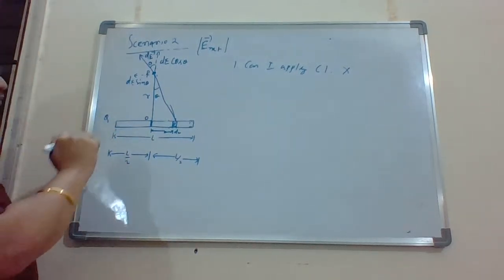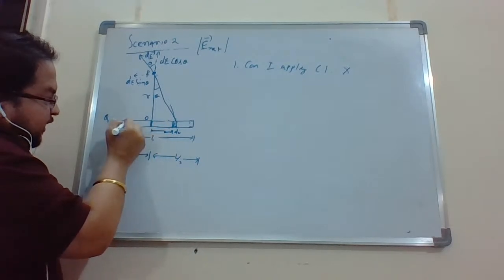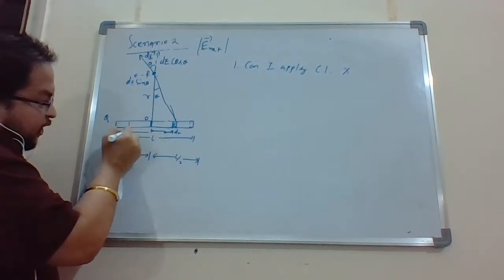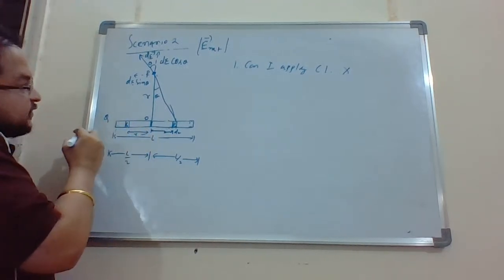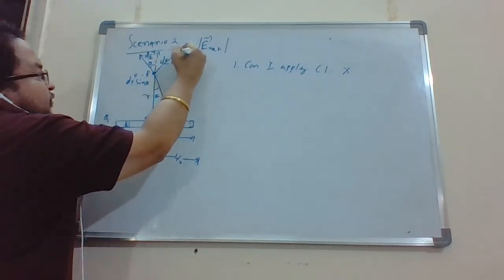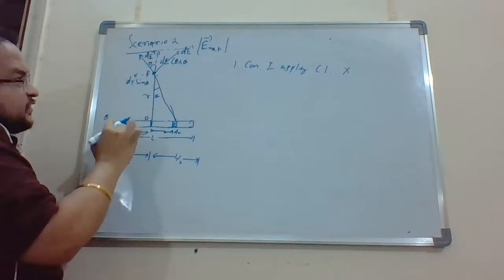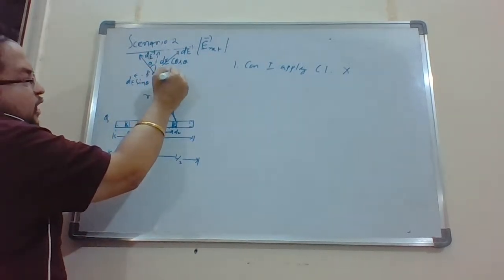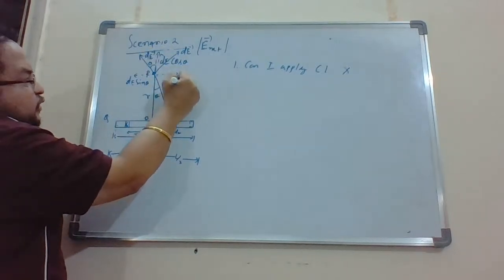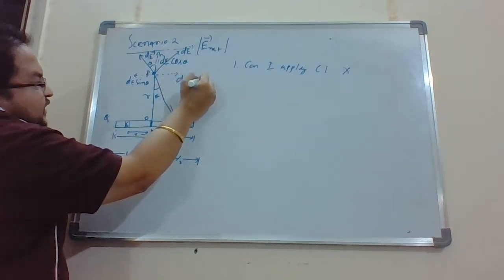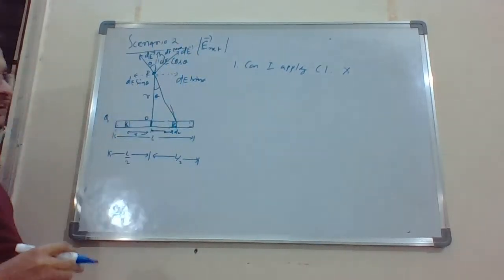Now at a distance x from here on the opposite side, if there is one more interval dx, will it also have an intensity called dE? If yes, will that also have two components, this one dE sine theta and this one dE cos theta, correct?